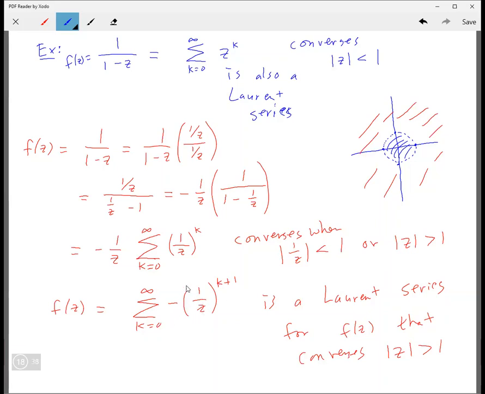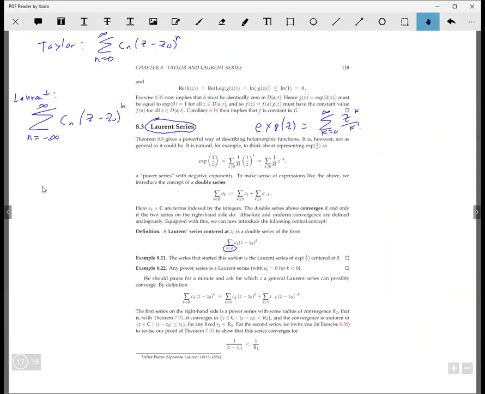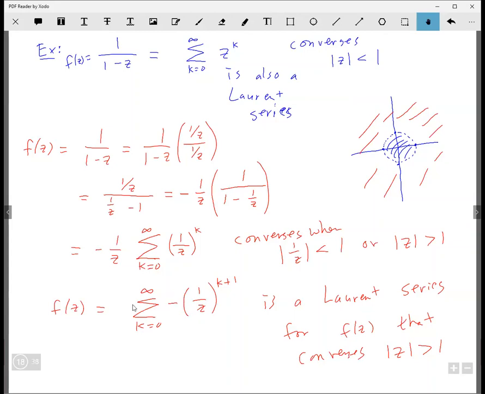Okay, so now this is not really written in the form that I described right here, so that can be a little bit confusing, because you don't have 1 over stuff, but it's still a good way to write it. Okay, so there's an example of a Laurent series.